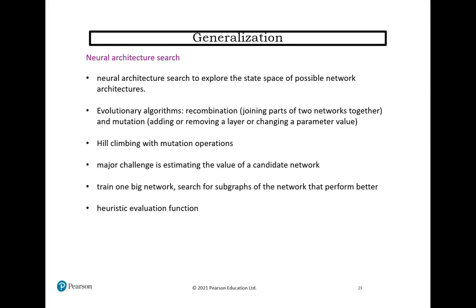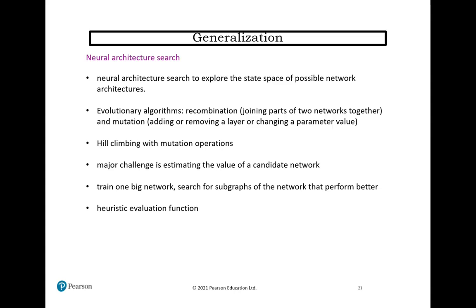The key, of course, is not to overfit the data. We always talk about generalization because our goal is to generalize well to new data. Neural architecture search serves to explore the state space of possible network architectures. We're trying to find the best architecture for the network, not to do well on the training data, but to generalize well. There are different approaches. We can train one big network and start going down from there to reduce overfitting.